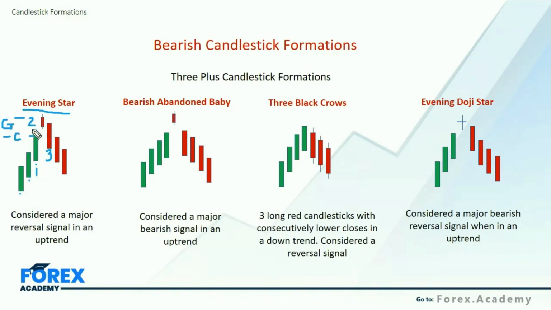It's important to consider that prices have gapped to the upside, but we're getting a bit of reversal price action. So we're looking like we're going to close this particular gap, and potentially, if it breaks lower, then we're likely to get continuation to the downside. So when we see an evening star, it's considered a major reversal signal in an uptrend. So we're very likely to see that bit of price action look to squeeze lower in a market like this.